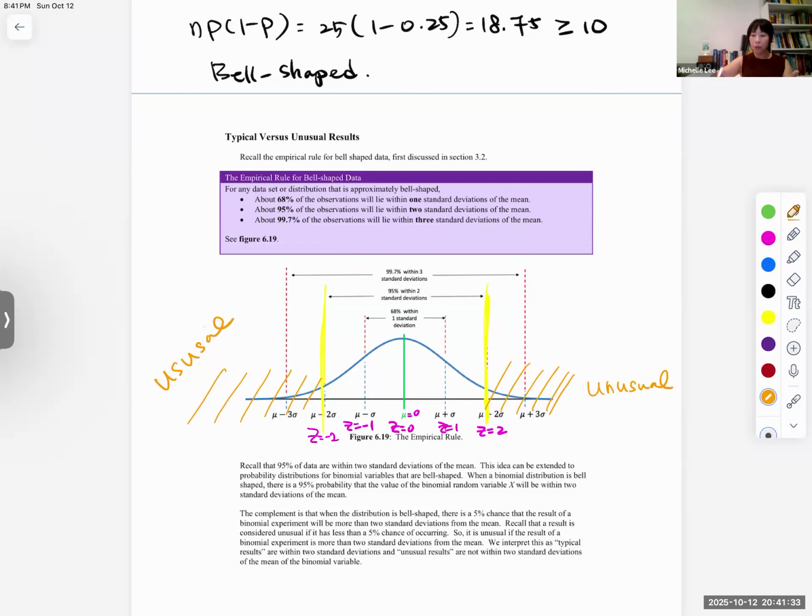Looking at the empirical rule, 95% is within 2 standard deviations, so we can say that 5% will be unusual results.